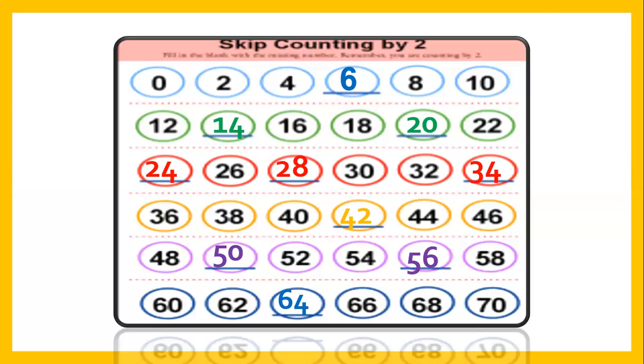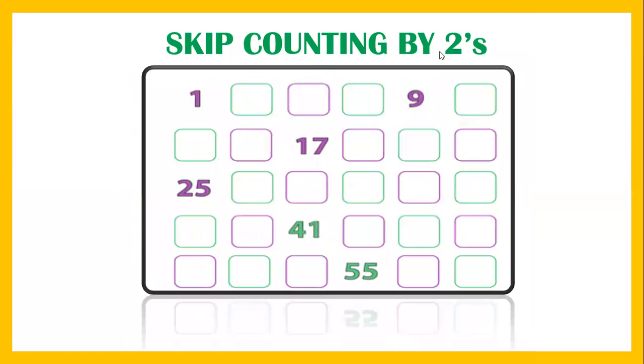Next one, another skip counting by 2s using the odd numbers. So it starts with 1. So the missing number here is 3.